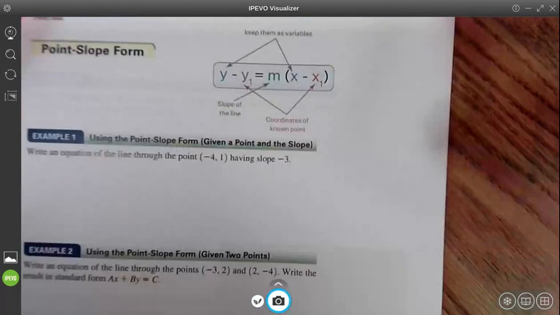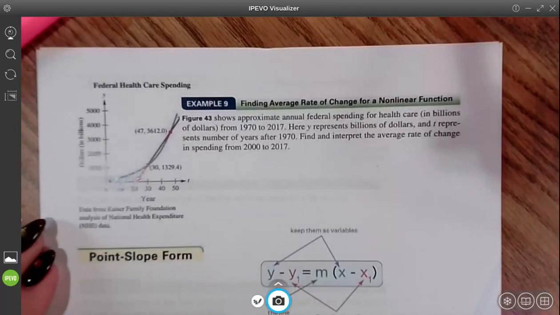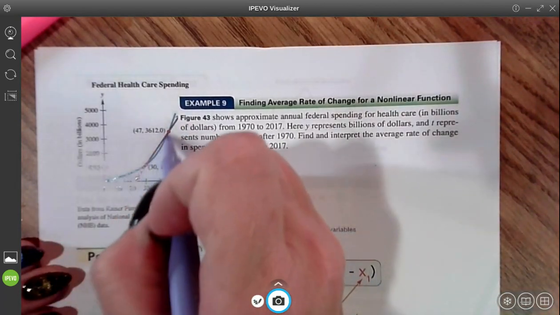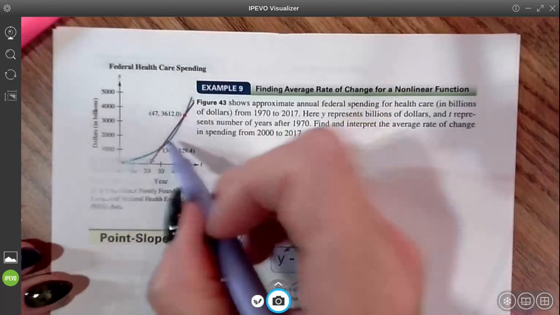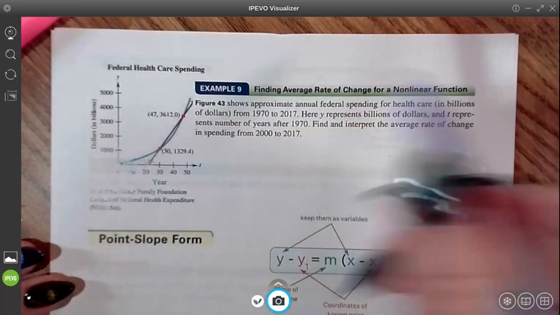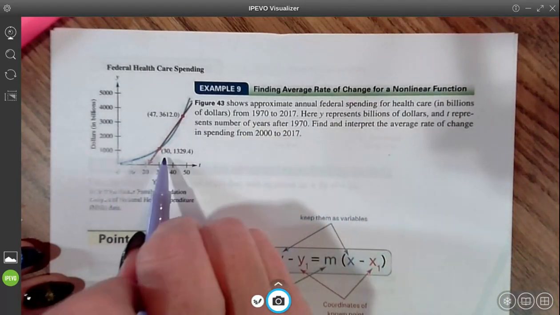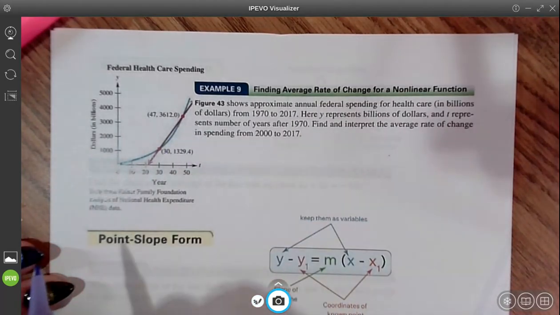Now, even if my model doesn't make a straight line, I can still find the average rate of change the exact same way. So here, the blue is the model, and I just want to find the average rate of change between these 2 years from 1970, so this would be the year 2000, to 47, which would be 2017.